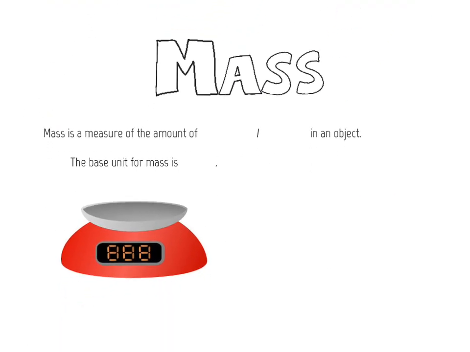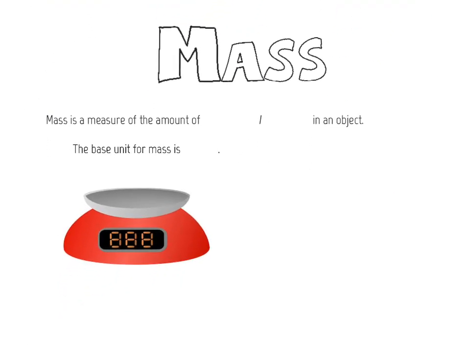The next type of measurement we're going to look at is mass. And mass is nice because mass is just the measurement of the amount of matter, or really stuff, in an object. So how much stuff is there in an object? We often weigh that with a scale, but weight incorporates gravity as well.